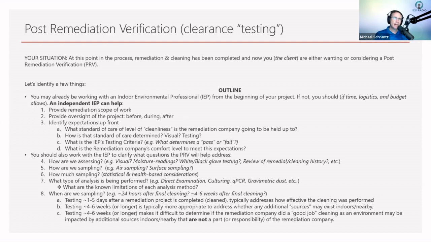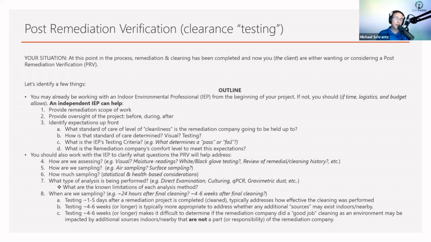What I mean by that is if you sample weeks or months after cleaning is done, and let's say you get a bad result, you can't say that was due to a lack of good cleaning necessarily by the remediation company. How do you know that that bad finding, collected in a sample that's weeks or months old from the date the remediation company finished cleaning, doesn't reflect a new source?